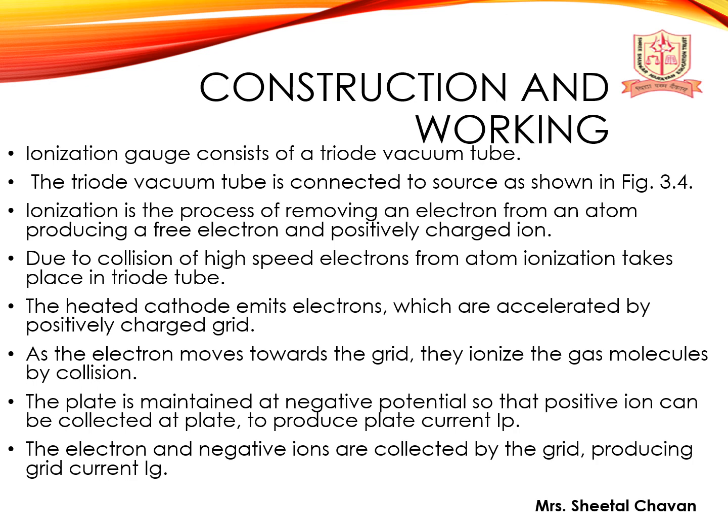The heated cathode emits electrons which are accelerated by the positively charged grid. As the electrons move towards the grid, they ionize the gas molecules by collision. The plate is maintained at negative potential so that positive ions are collected at the plate to produce plate current Ip. The electrons and negative ions are collected by the grid, producing grid current Ig.